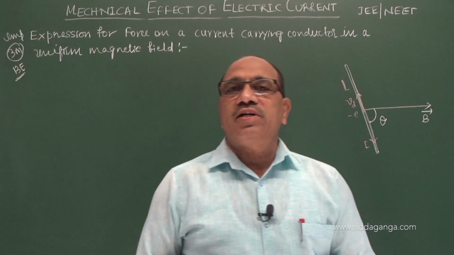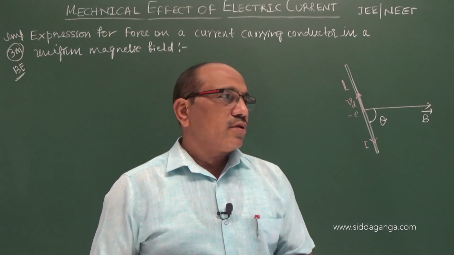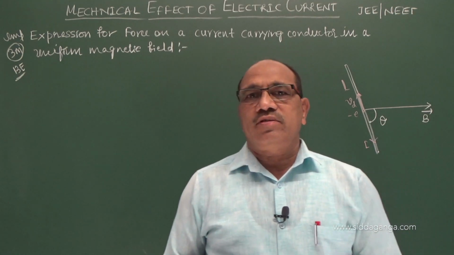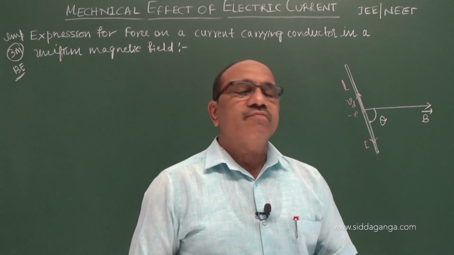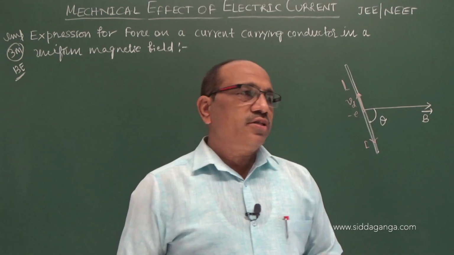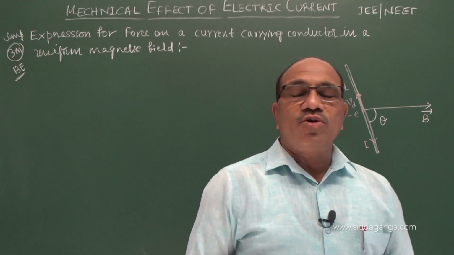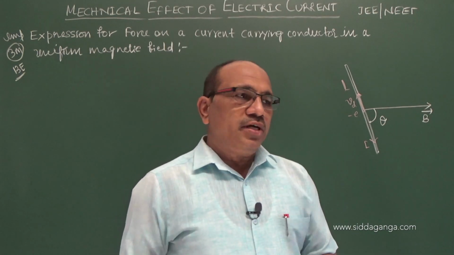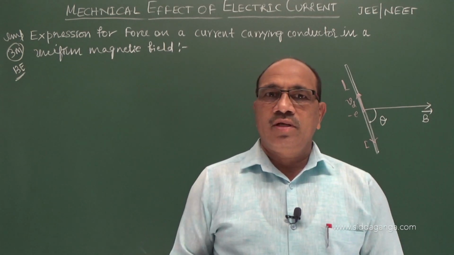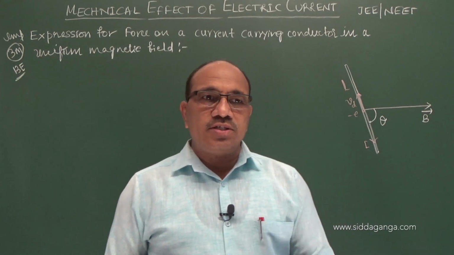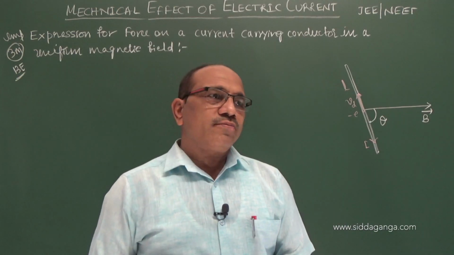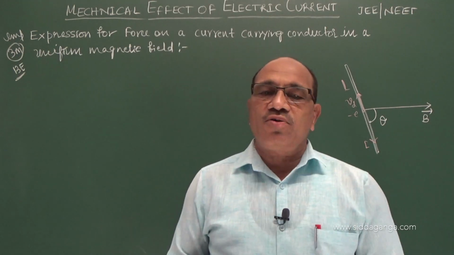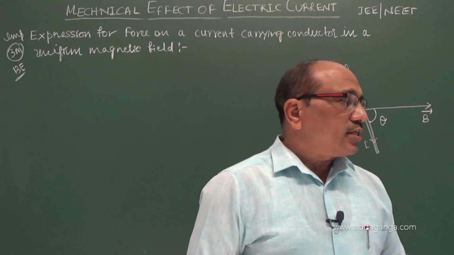This property is used in measuring instruments such as the ammeter, which is used to measure the current, and the voltmeter, which is used to measure the potential drop across the conductor. And the same property is responsible for the working of electric motors.